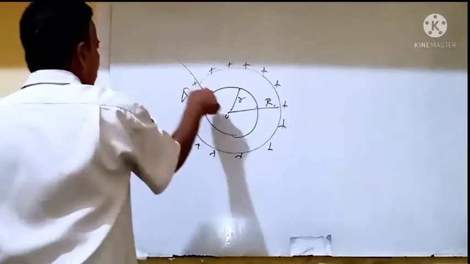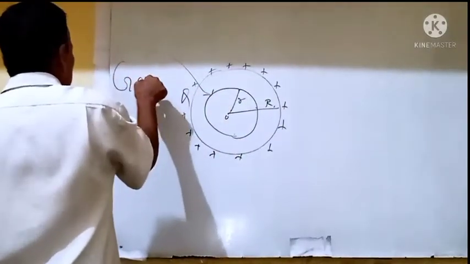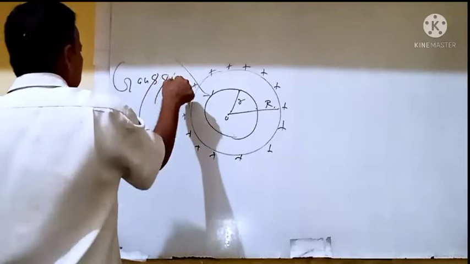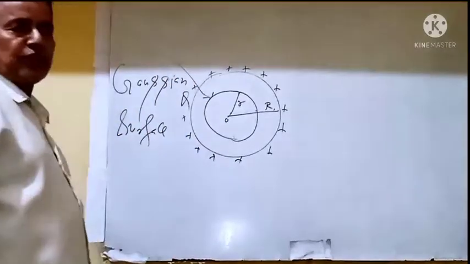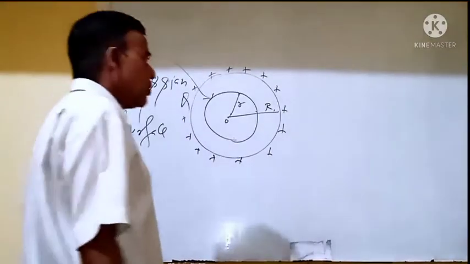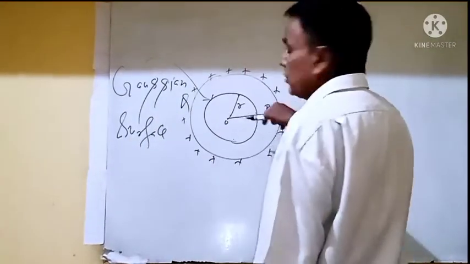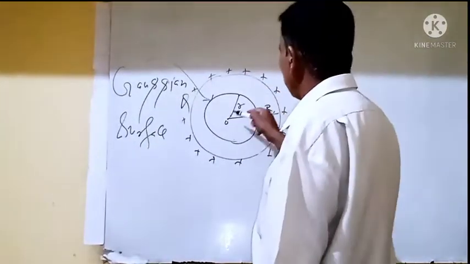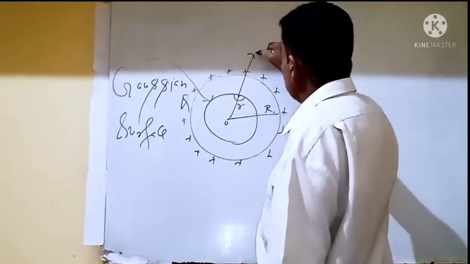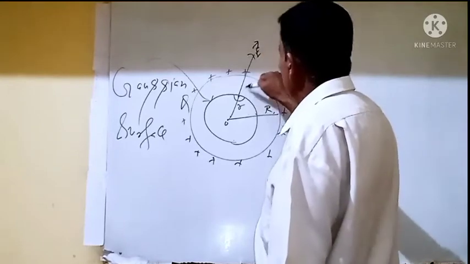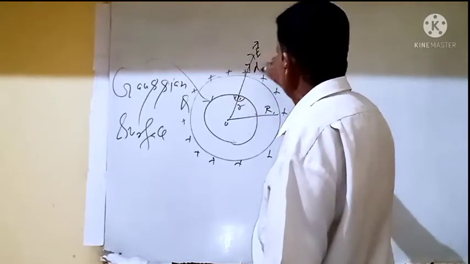This is a Gaussian surface. What is the total electric flux? If we take a small area element ds, the electric field is in this direction.